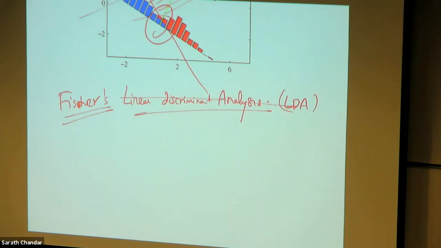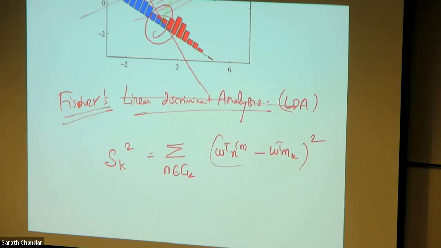So we are going to consider within class variances, and we are going to minimize the within class variances. For each data set, let us consider the within class variance, sk square, to be the summation over n belonging to Ck of w transpose xn minus w transpose mk, the whole square. This is for class k.